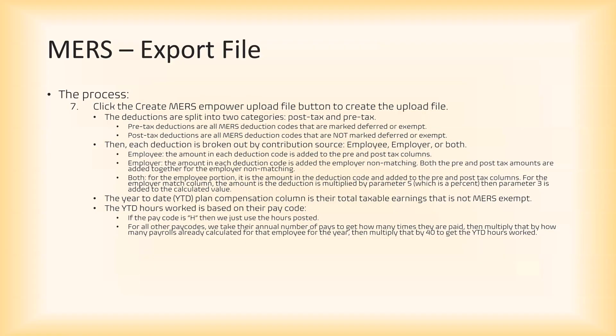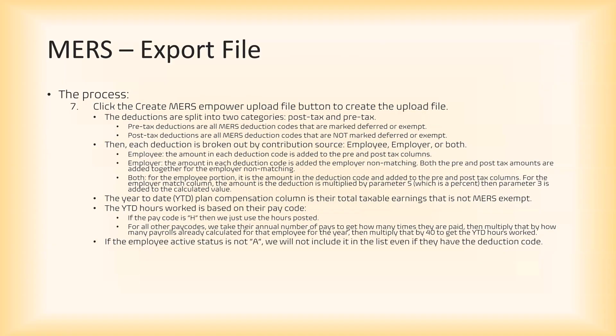So let's say they get paid 26 times in a year, so bi-weekly. You have already calculated 10 payrolls for the year, and then we multiply that by 40 to get how many hours they have worked. In the end, it should look similar to the pay code H.